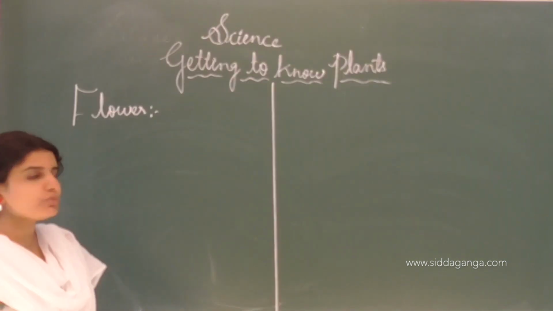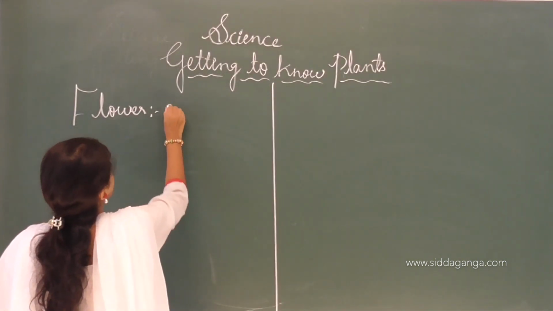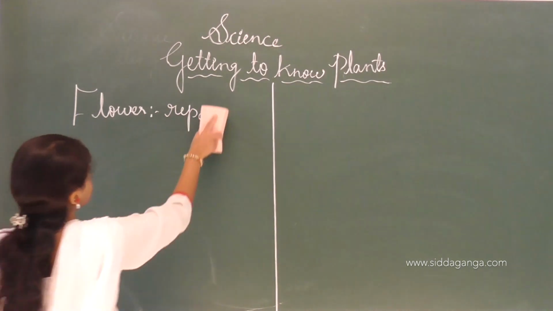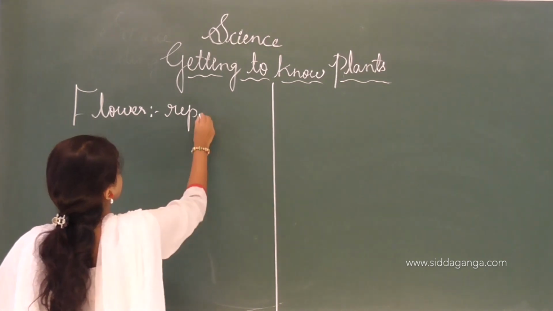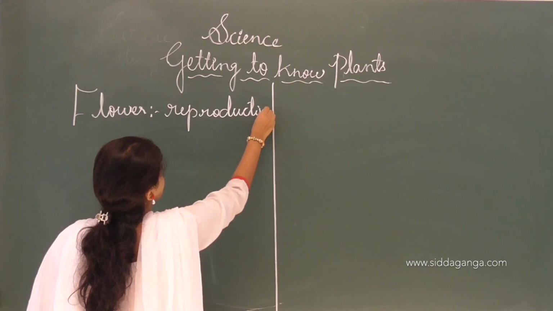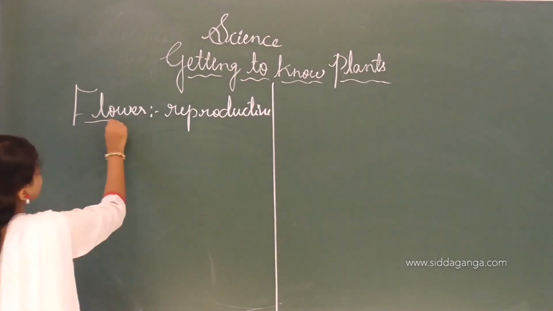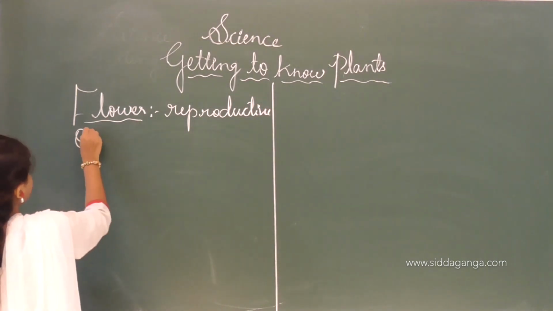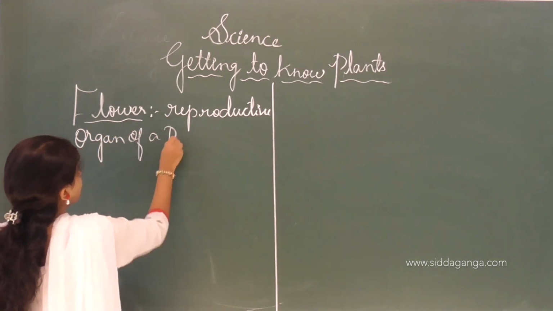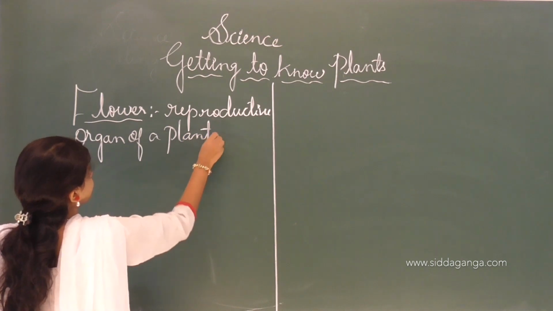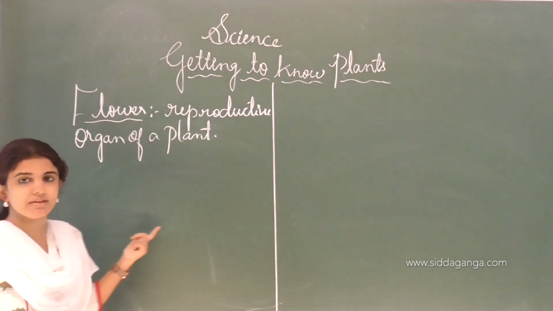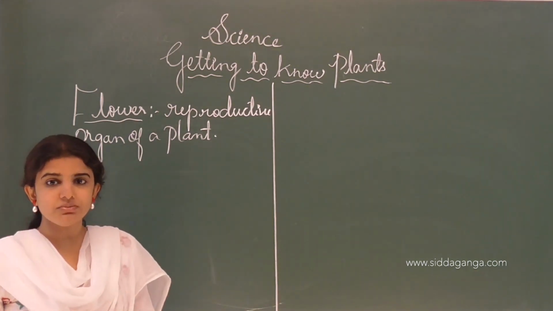Flower is the reproductive part or organ of a plant which is involved in the reproduction process.